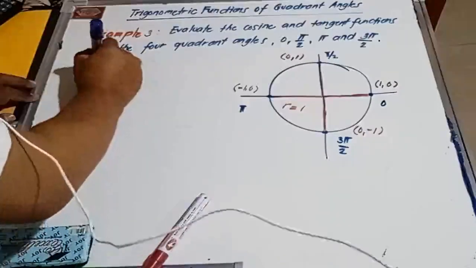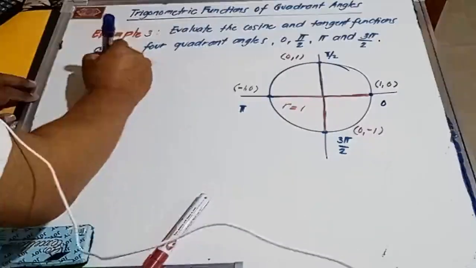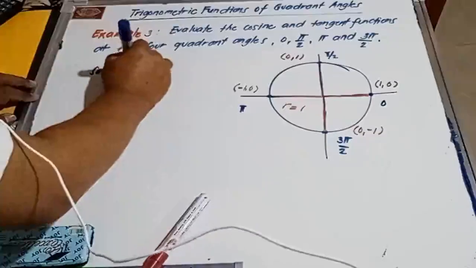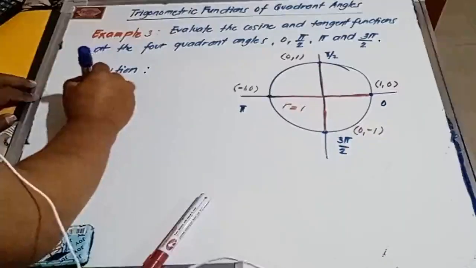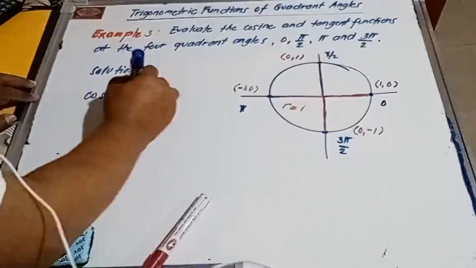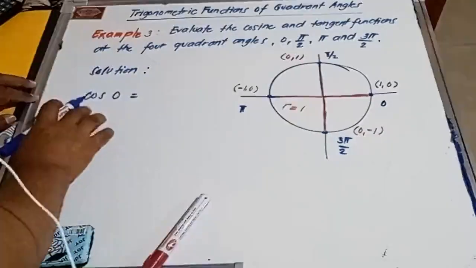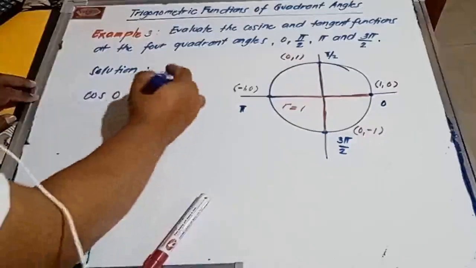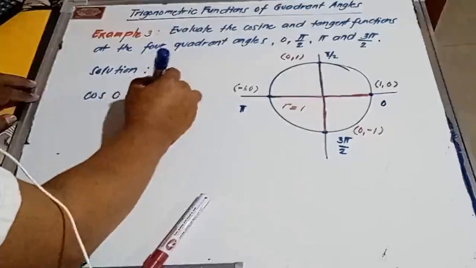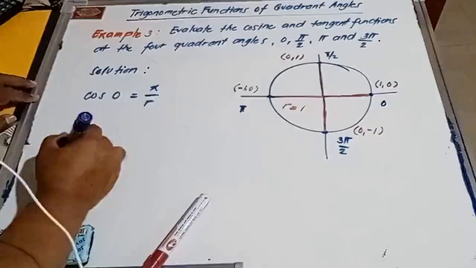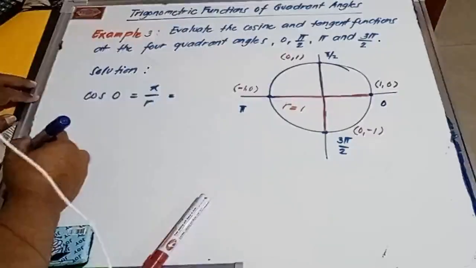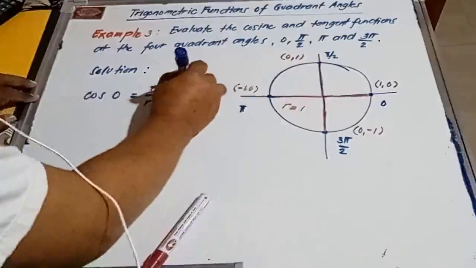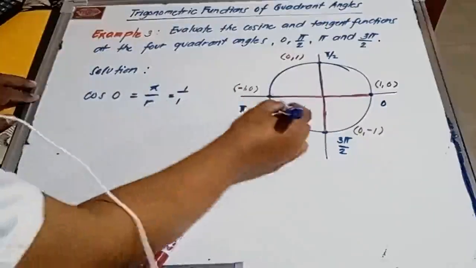Solution. Cosine 0. Yan. Ang cosine, ang ratio niya ay adjacent side over hypotenuse r. Okay. So, ang x natin is 1. Ang r niya ay 1.